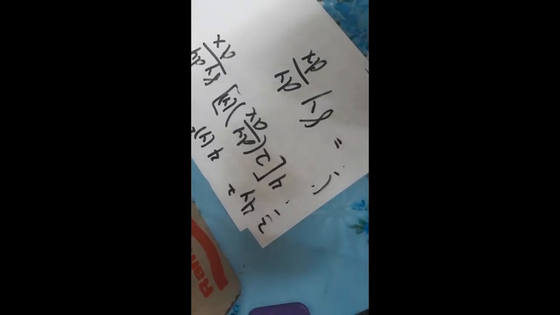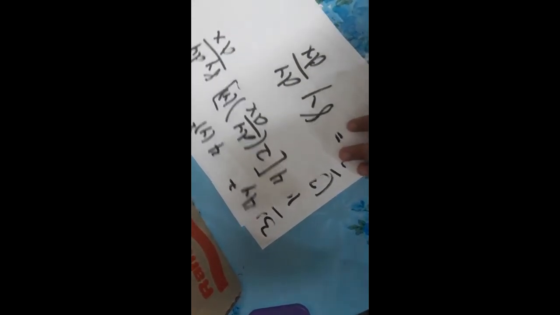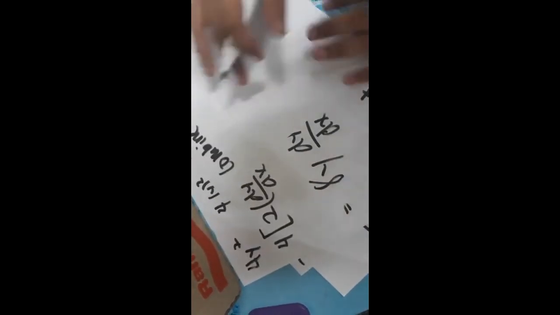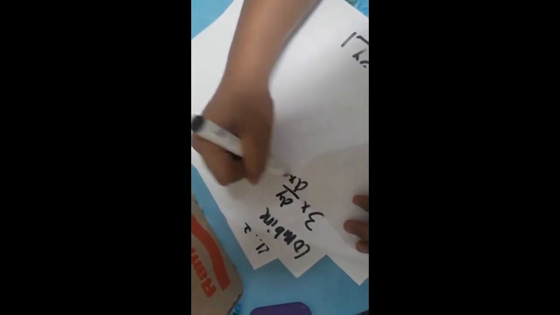The next thing we will do is combine the answers from the first term and the second term. Let's say we have 3x dy over dx plus 3y plus 8y dy over dx.